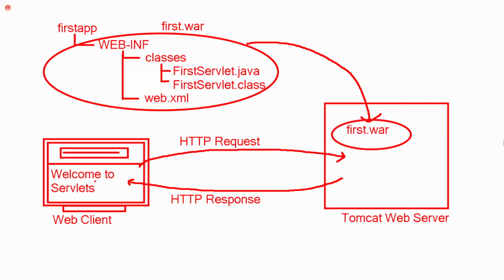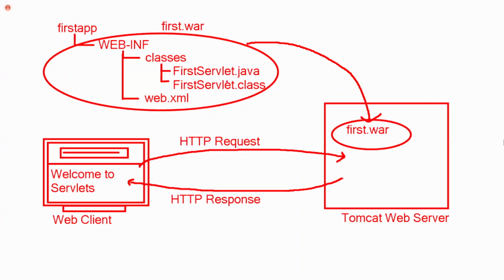This is our task. Now, first what we'll do, just observe, we'll create one folder. The folder name, whatever you want, you can write, for example first app. In that, it should be WEB-INF. In that, it should be classes. In that, FirstServlet.java. After compilation, FirstServlet.class. Next XML file, web.xml.